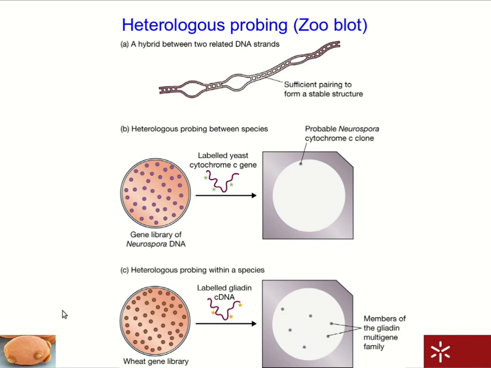We can also use the same technique to find members of gene families. We have a cDNA from wheat, and we have a library from the same organism, and we can identify genes, similar genes, but in the same organism.